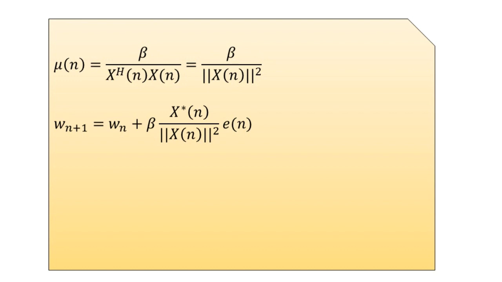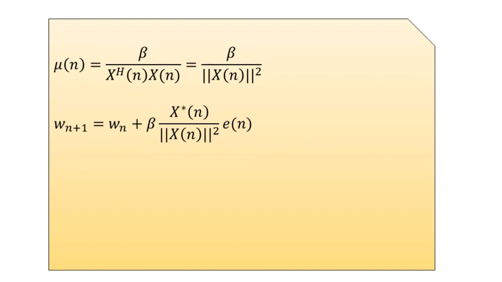Here we note one point: the effect of normalization by the factor in the denominator, the square of the norm of x of n, is to alter the magnitude but not the direction of the estimated gradient vector. Therefore, with an appropriate set of statistical assumptions, it can be shown that the normalized LMS algorithm will converge in the mean square if we have beta greater than 0 but less than 2.